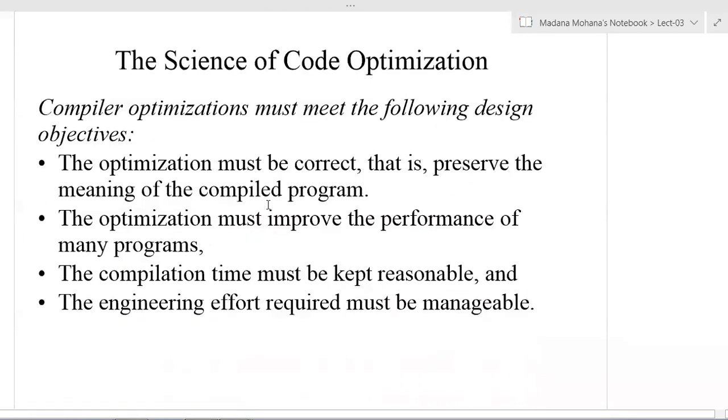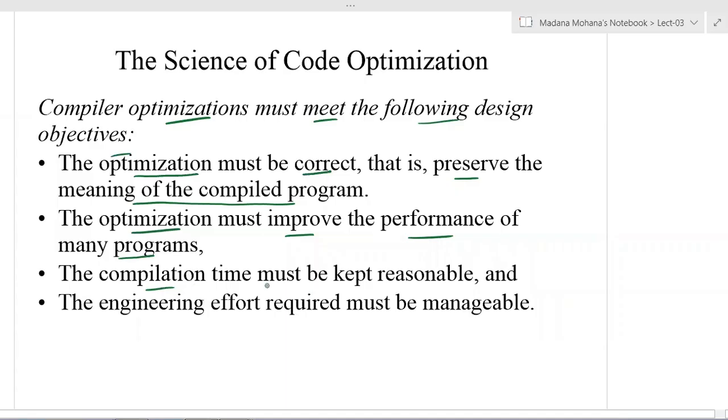So finally, compiler optimizations must meet the following design objectives. The first one is the optimization must be correct, that is, preserve the meaning of the compiled program. The optimization must improve the performance of many programs.